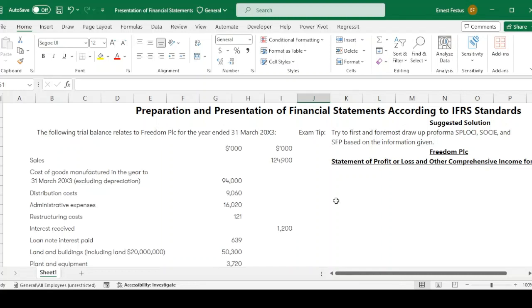And then finally, you should have comparative information, as well as a statement of financial position at the beginning of the earliest comparative period where an entity applies an accounting policy retrospectively, makes a retrospective restatement of items in the financial statements, or reclassifies items in the financial statements. That is a third statement of financial position that a firm should prepare when it does those things that I mentioned.